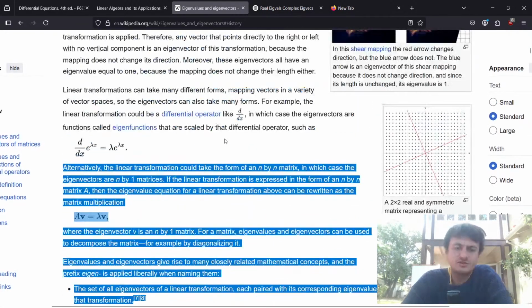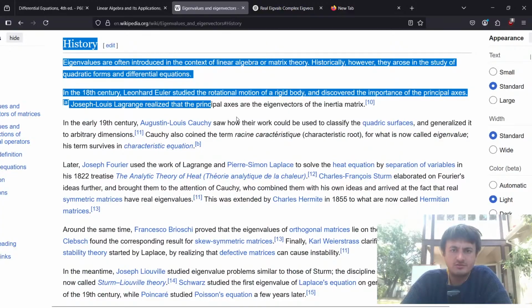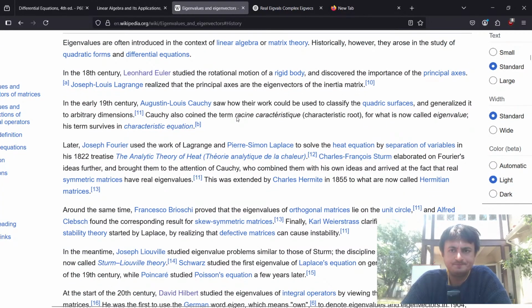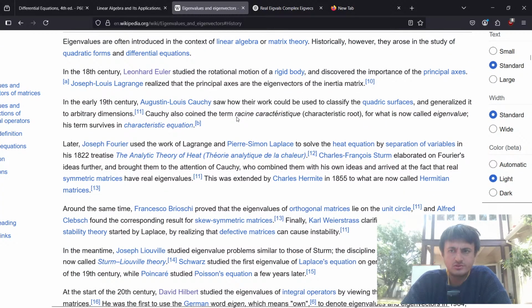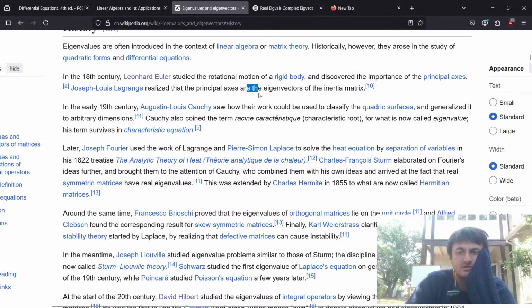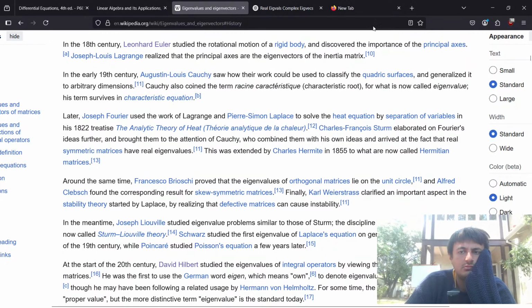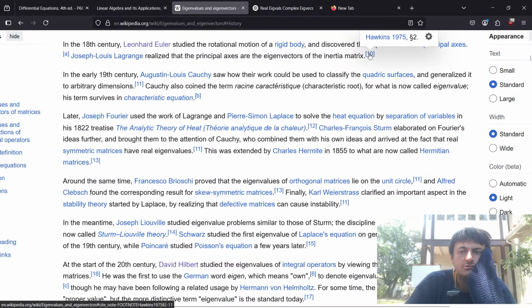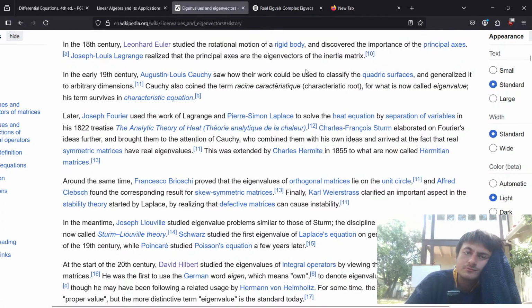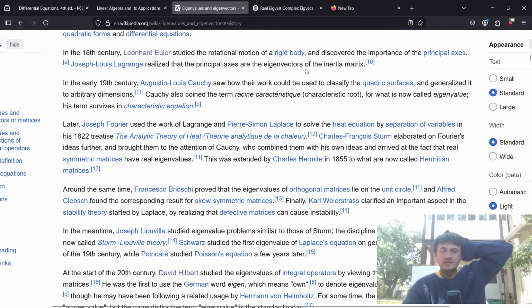In the 18th century, Euler studied the rotational motion of a rigid body and discovered the importance of principal axes. Lagrange realized that the principal axes are the eigenvectors of the inertia matrix. Oh, wow. That's how it was studied? In the 1700s, no less.